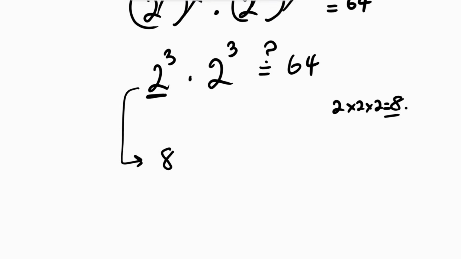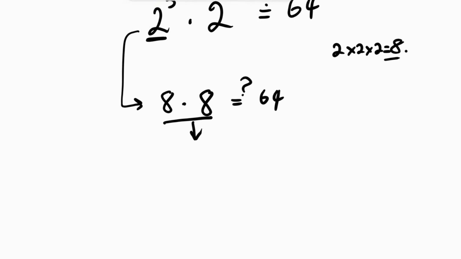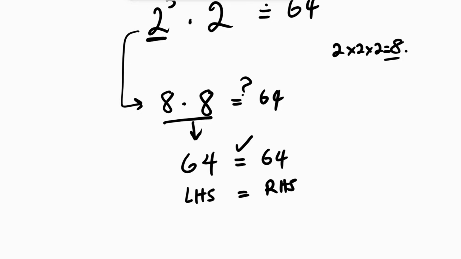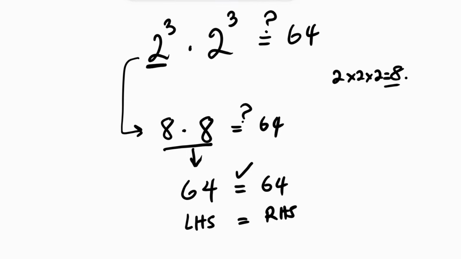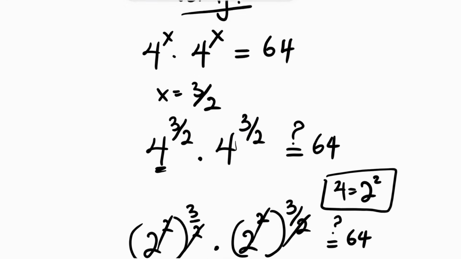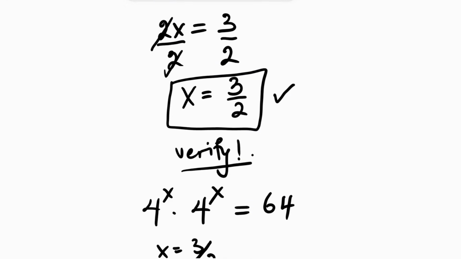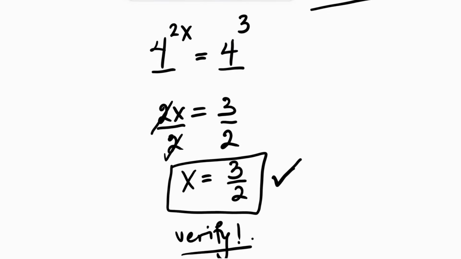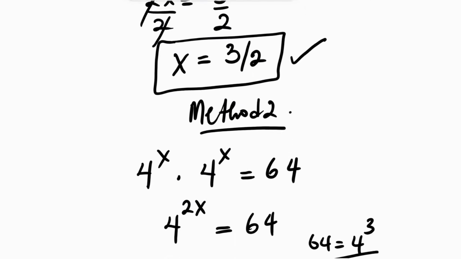So here we have 8 times 8, and 8 times 8 will give us 64. Therefore, we can see that our left-hand side is the same as our right-hand side. So our value of x, which is 3 over 2, using both methods, is the correct answer.